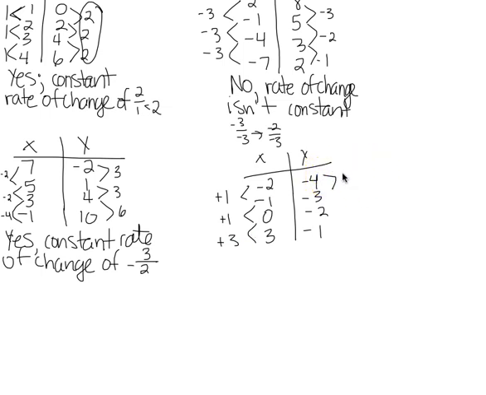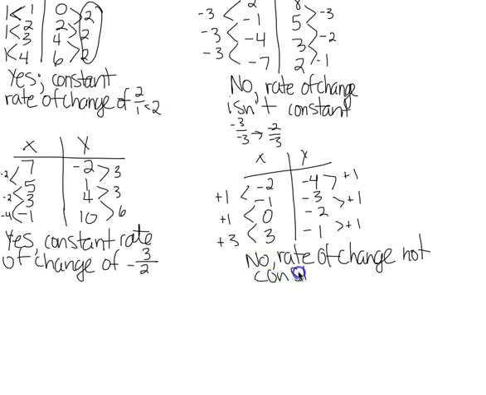Here I added 1, added 1, added 1. Okay, so my y's stayed the same, but here my x's did not. So this is not a constant rate of change, because 1 over 1 is not the same as 1 over 3.